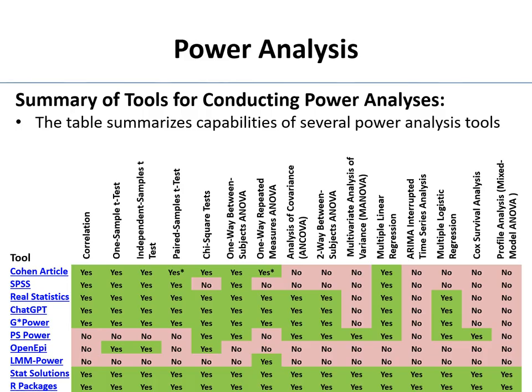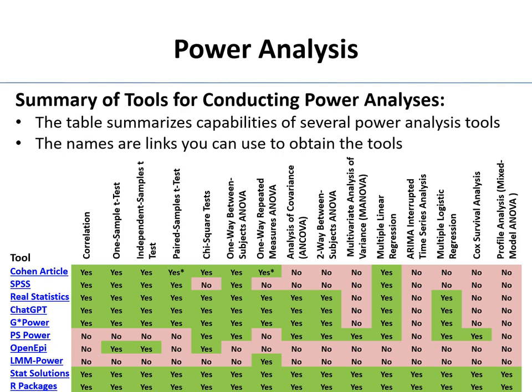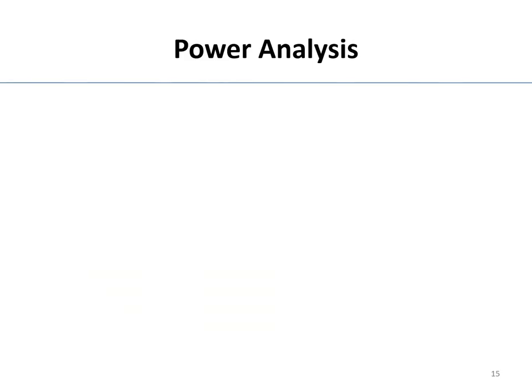So ChatGPT and Real Statistics are pretty good across the board, but when in doubt, that Cohen article can solve a lot of issues. So just note that the names in the slides are the links that you can actually use to obtain these tools if you'd like to. So that's all you need to know about power analysis.